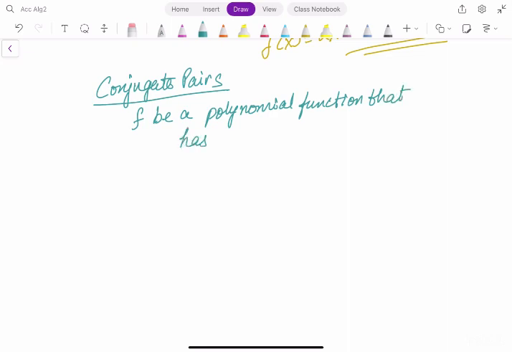So we are not looking for the coefficient as imaginary, right? So that is the example, right? So it doesn't have a real coefficient.